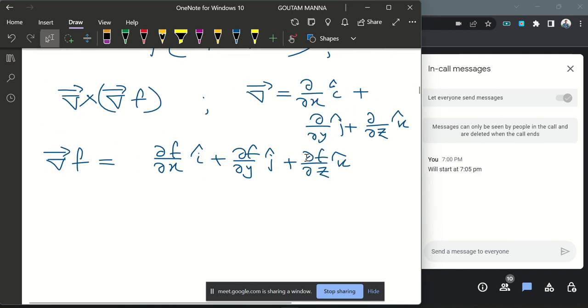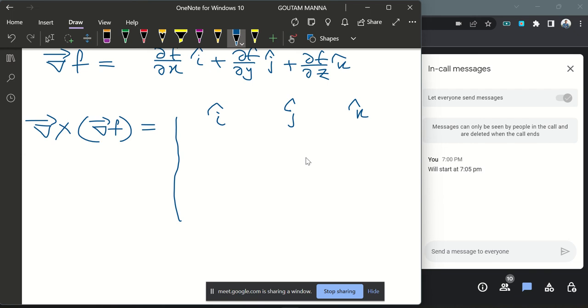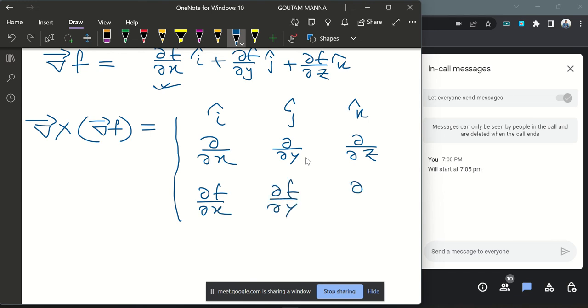Now to take the curl of gradient of f, it is the determinant of i hat, j hat, k hat; del del x, del del y, del del z; and the x component of grad f, that is del f del x, the y component of grad f is del f del y, and the z component is del f del z.